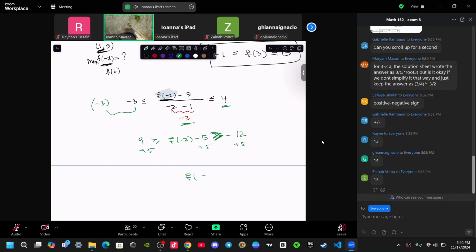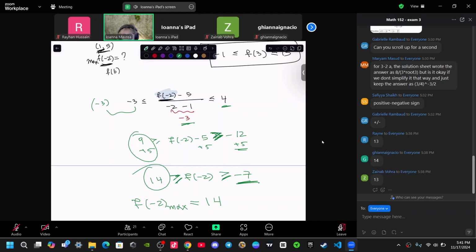So f(-2) is a number between whatever this is and whatever that is. Now if somebody asks what's the maximum value for that, I will say that is 14. That's the maximum value. If they ask what's the minimum value, clearly it's -7.